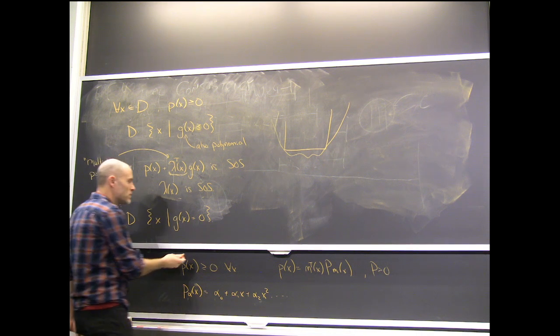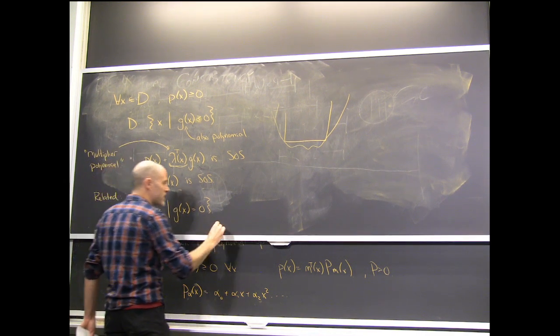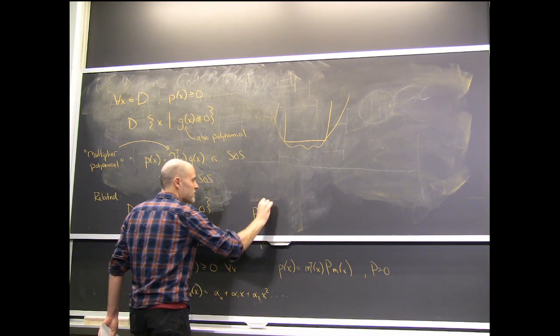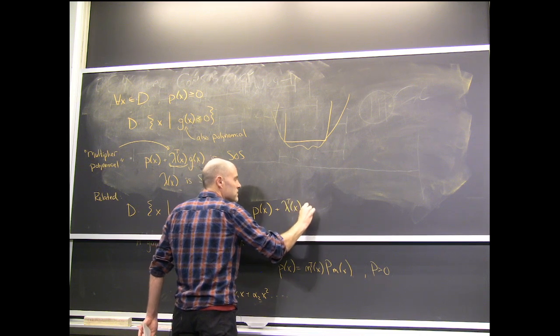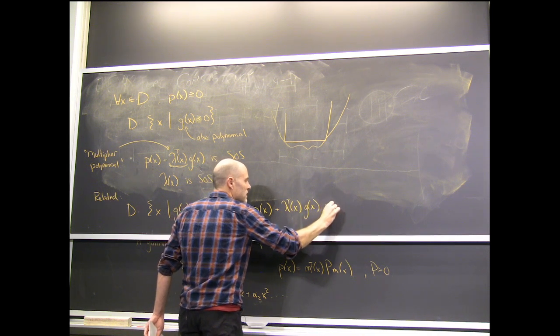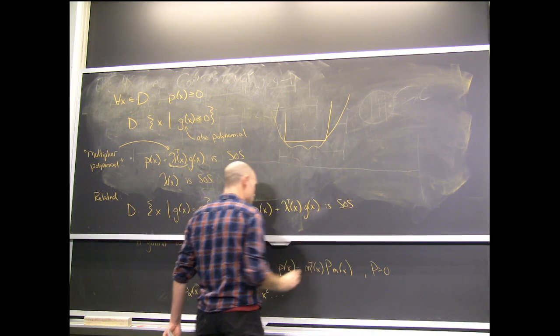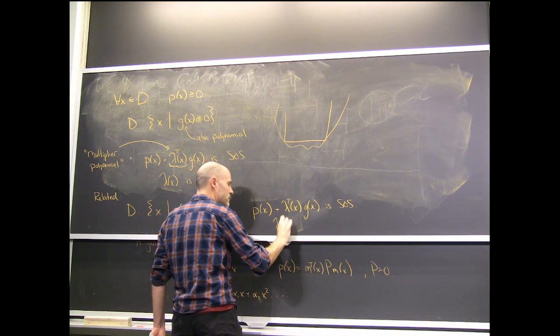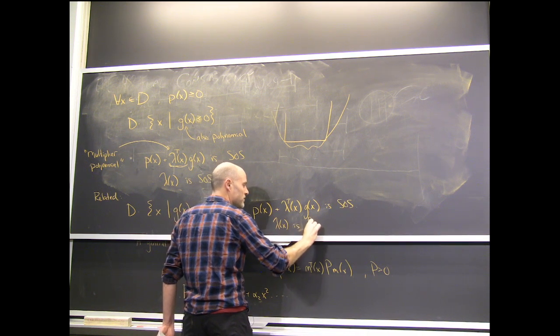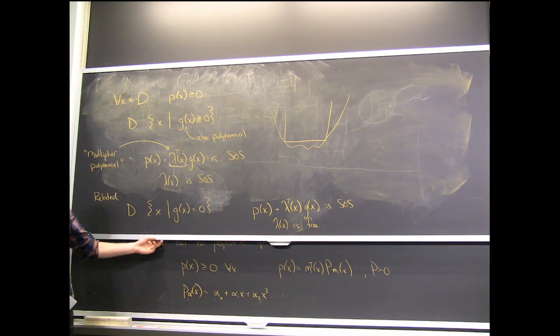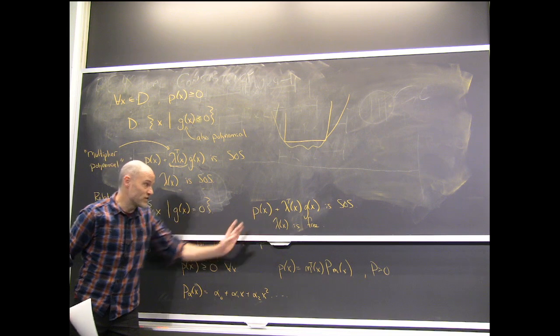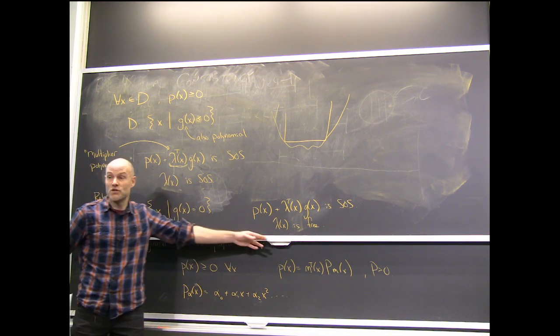It turns out the condition you would write is almost exactly the same. You say p of x plus lambda of x, g of x is sums of squares, but now lambda of x is free, is arbitrary. It doesn't have to be positive. And I think understanding this one might even be easier than that, but it has the same intuition.